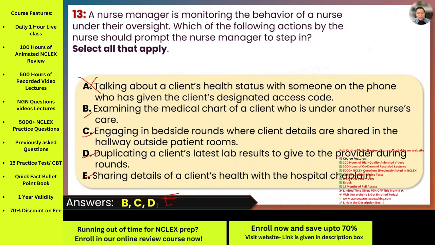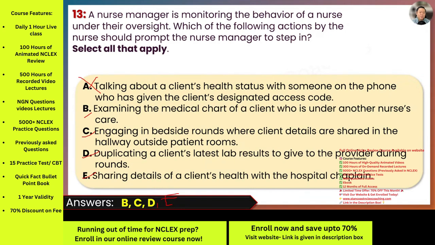So to wrap up the HIPAA concept, remember that protected health information can only be shared with authorized individuals, and you have to take steps to prevent unauthorized access, whether it is intentional or accidental.